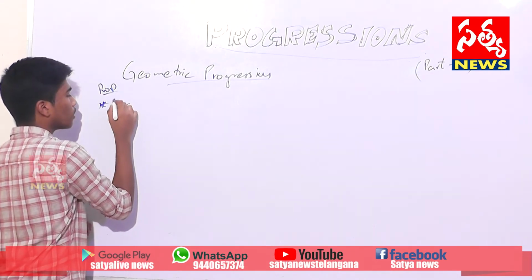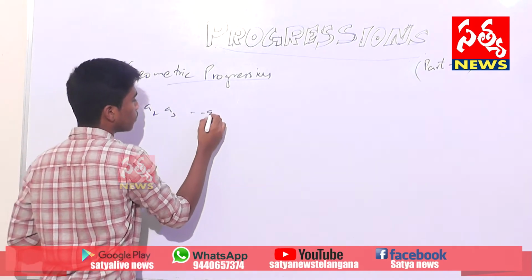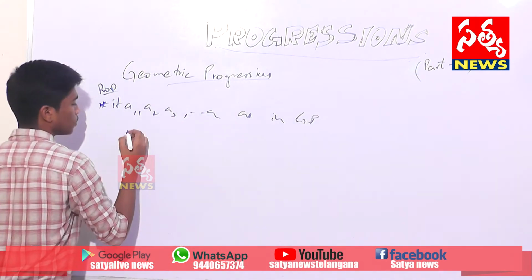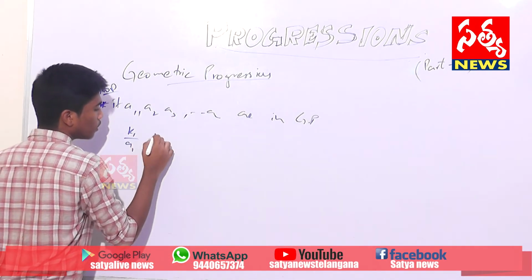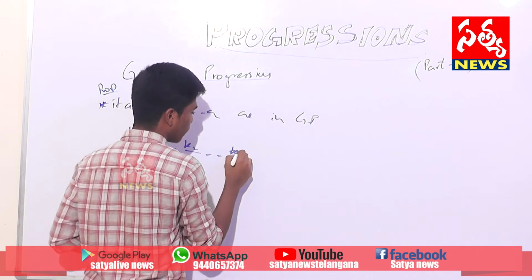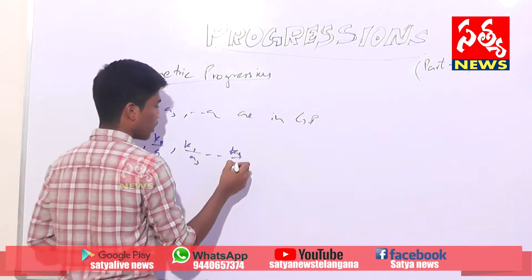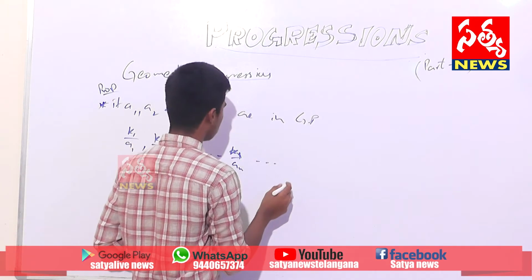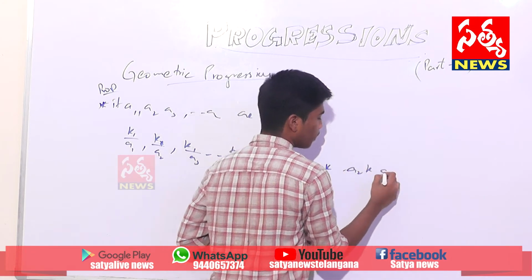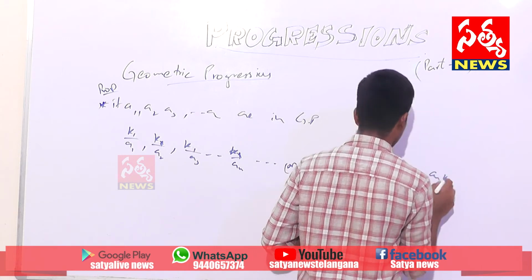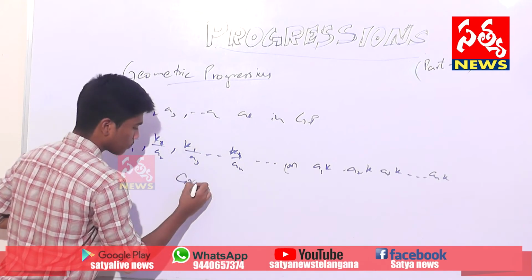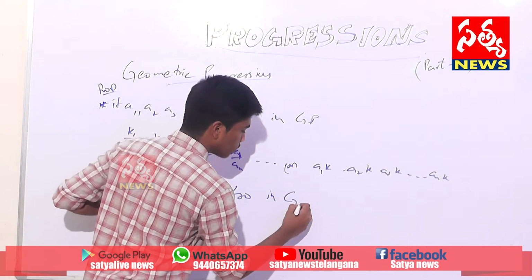First one: if A1, A2, A3, and so on, An are in GP, then K by A1, K by A2, K by A3, and so on, K by An, or A1 into K, A2 into K, A3 into K, and so on, An into K, these two are also in GP.